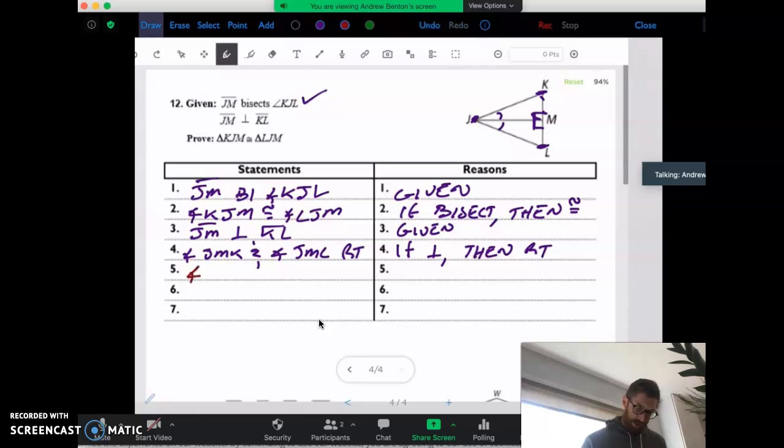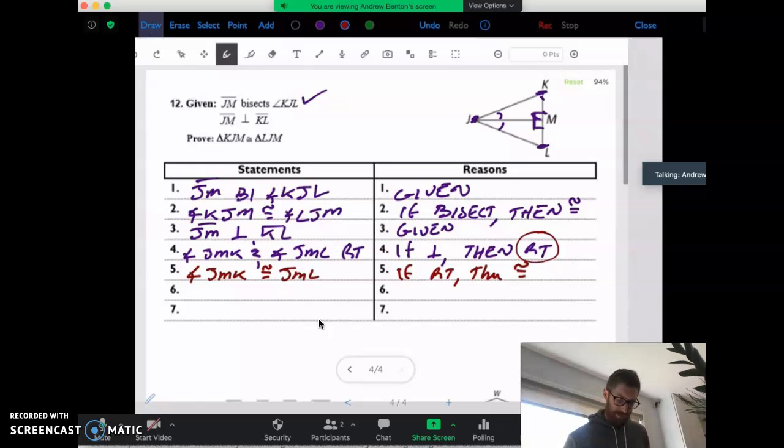Angle JMK is congruent to angle JML, because if right, then congruent. There's a couple ways to do this, but I'll just do it the easiest way. Notice here I said right. I didn't say that they were 90 because that's not the definition. You say they're 90, you're on the right track.